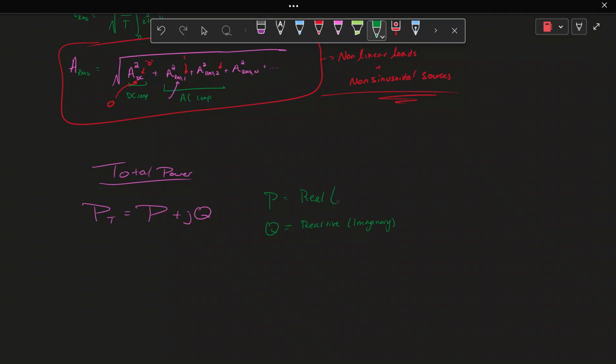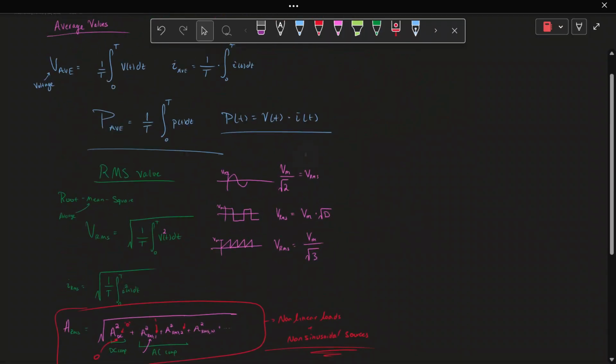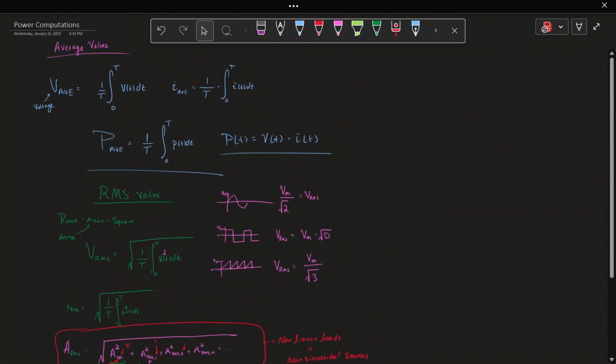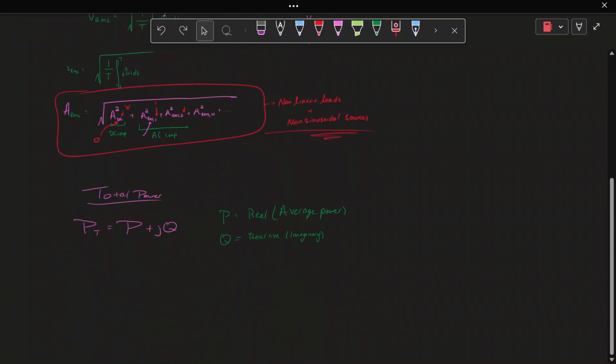Something else to note is the real part is our average power. So if they ask for the total power, or they give you the total power, and you can calculate the average power using these equations up here, that means you can find the reactive power very easily using this equation.